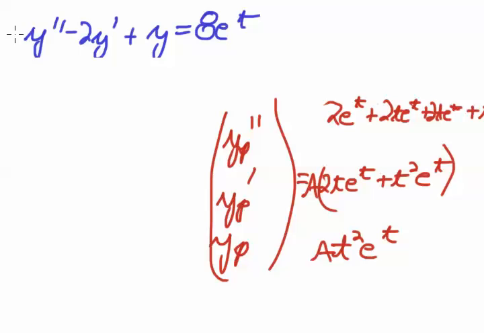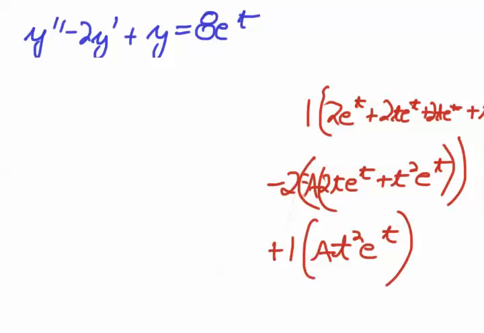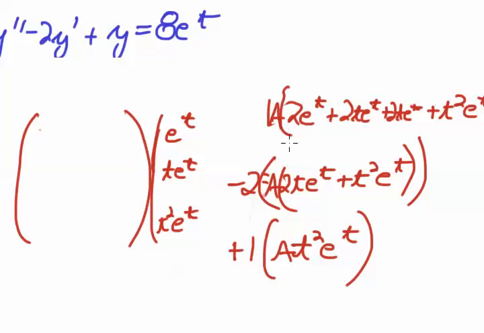Now we're going to apply that 1, negative 2, 1 to this, so it'll be 1 times this plus negative 2 times this plus 1 times this. Now, everything here is multiplied by a.